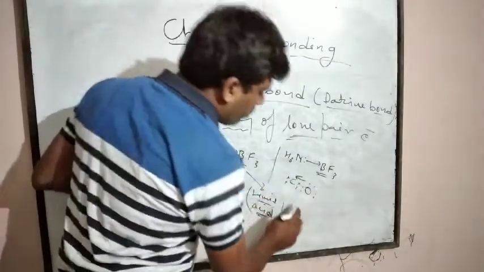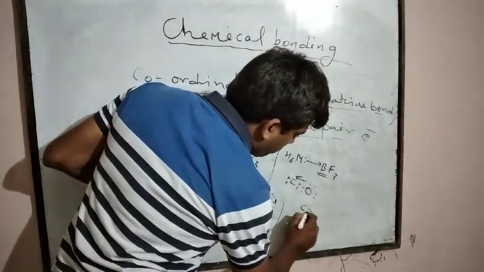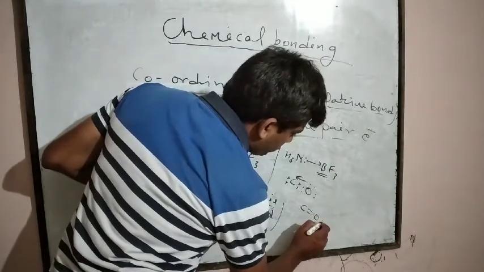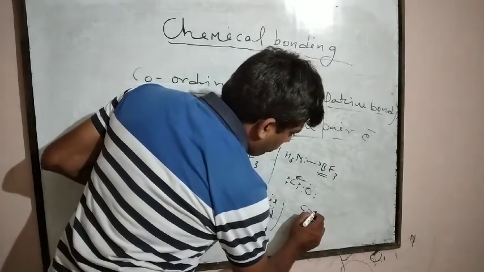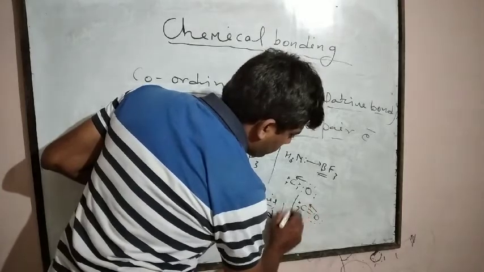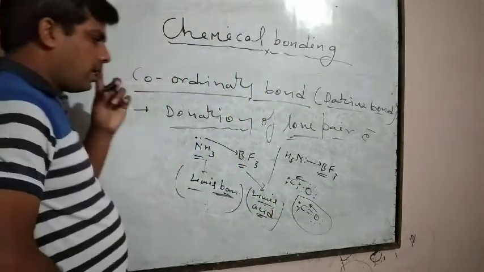Now we have C double bond O and one coordinate linkage.